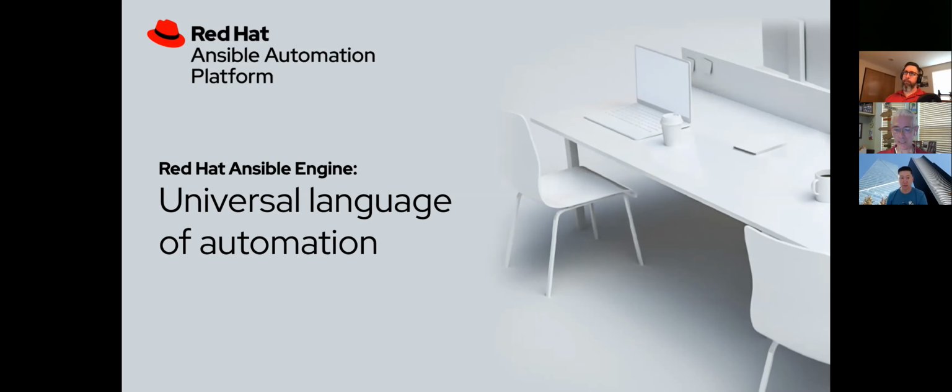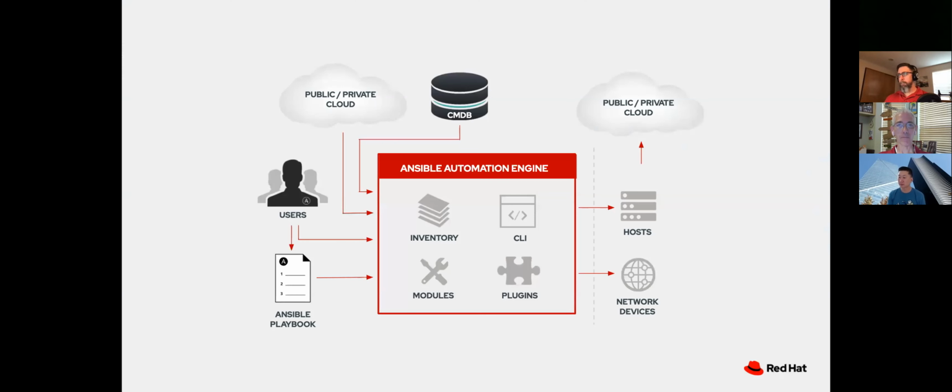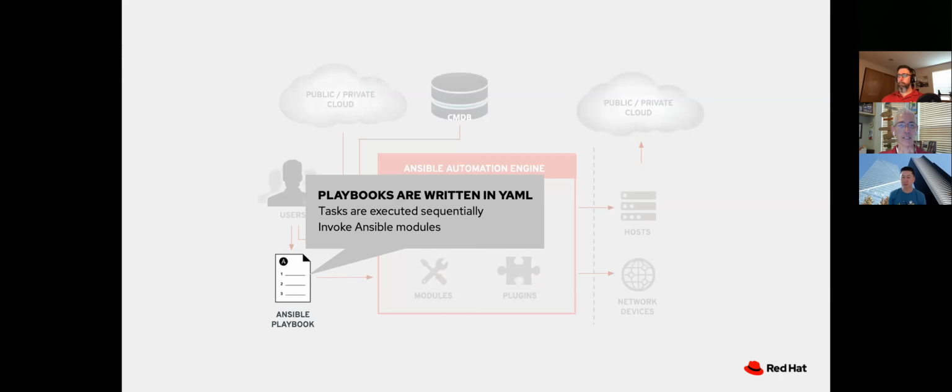Like, what is it that I need to do as a user to actually automate something? So this is a high-level depiction of the different components of Ansible, but when you want to automate with Ansible, there's really two things that you need to focus on, two things that you need to do. And the first one of those is actually put together what's called a playbook.